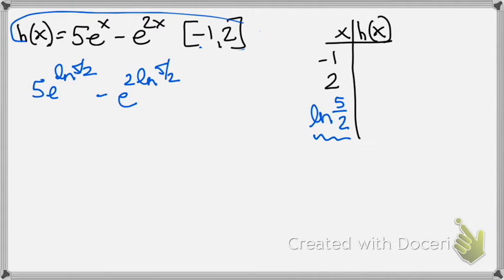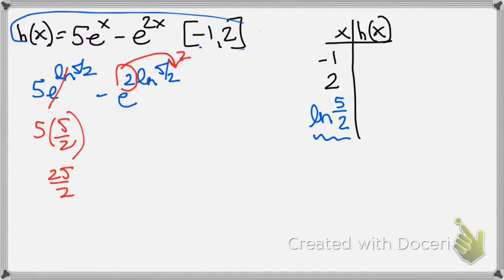So here's some things you may have forgotten. So the e and the ln undo each other. And 5 times 5/2, that's not too bad. That's 25/2. Here, what do you do with that 2? Well, you've probably forgotten that when you have a log or a natural log, that 2 is really the same as an exponent. So what you really have, if you move that 2 up here, you have e to the natural log of 5/2 squared, and it's 25/4.